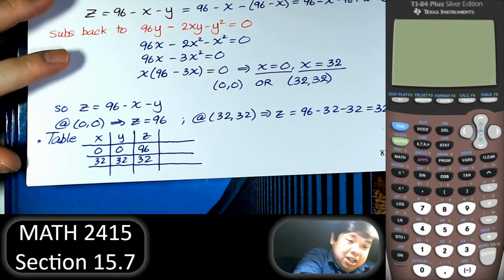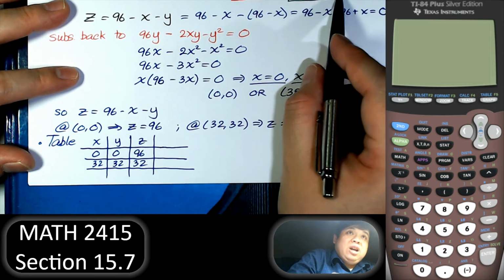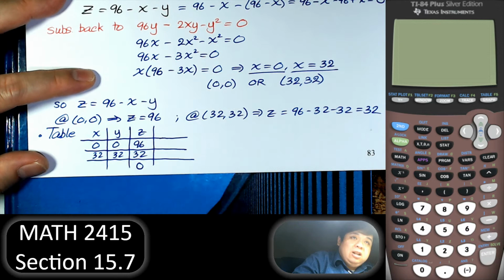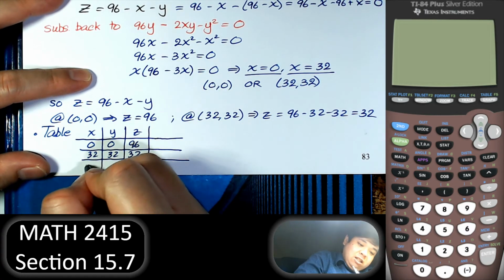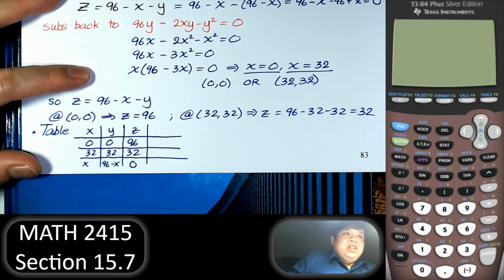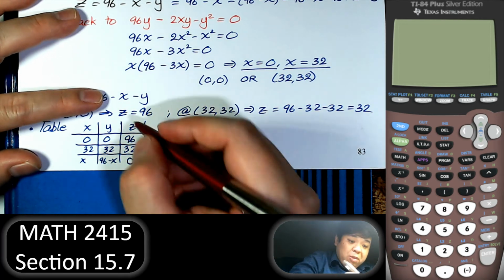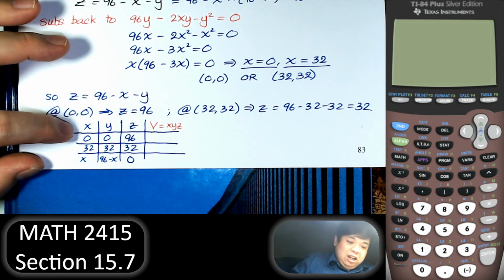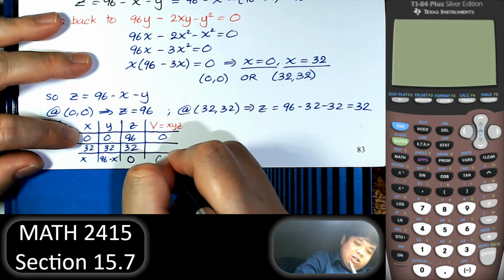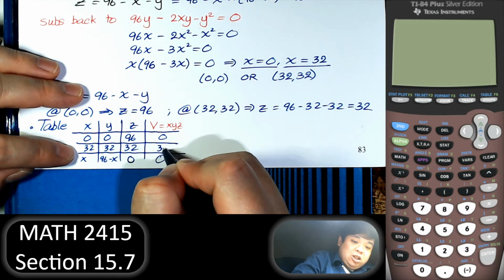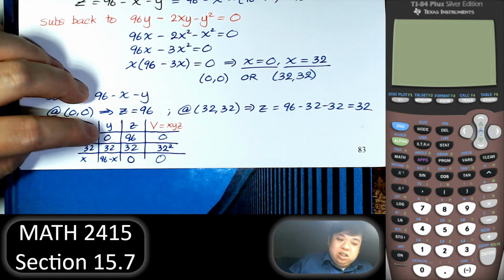Or we have the case of y equal to 96 minus x. So when z equal to 0, one of them is x, the other one is 96 minus x. But that doesn't matter, because what we try to maximize is x times y times z. If one of them is 0, we have 0 here. The only case that has any value is 32 cubed, which is the maximum.